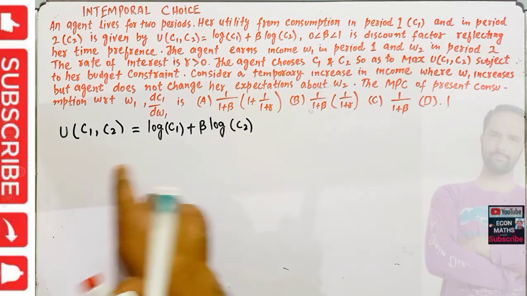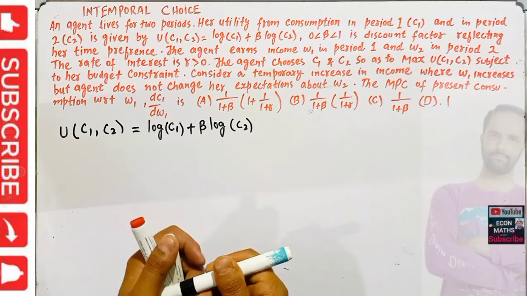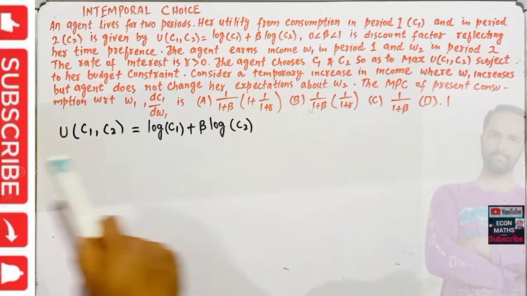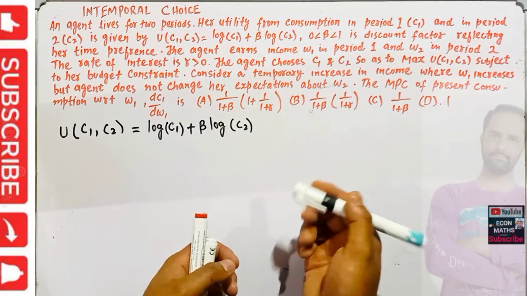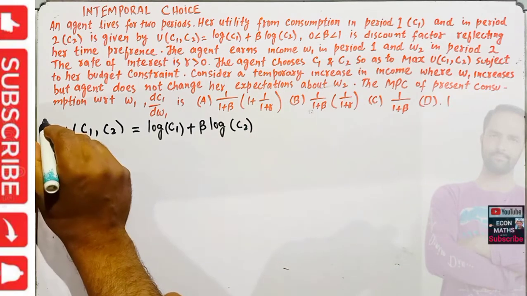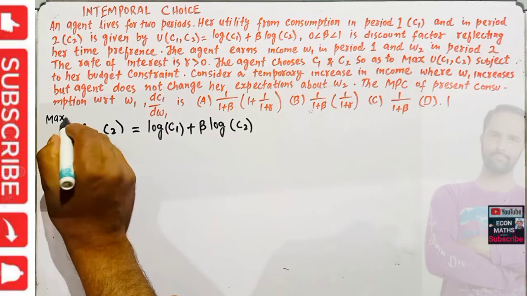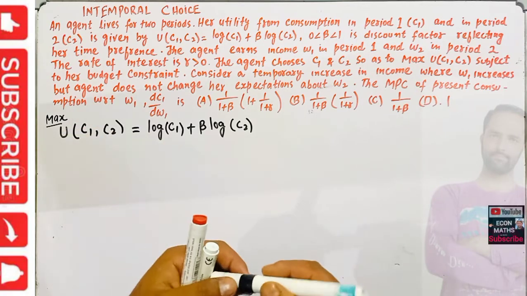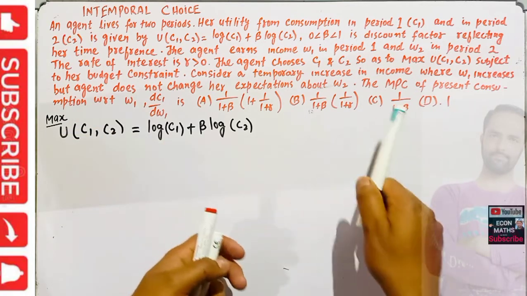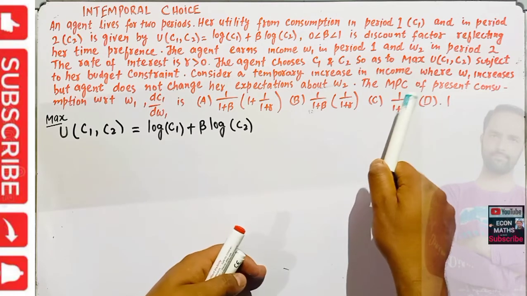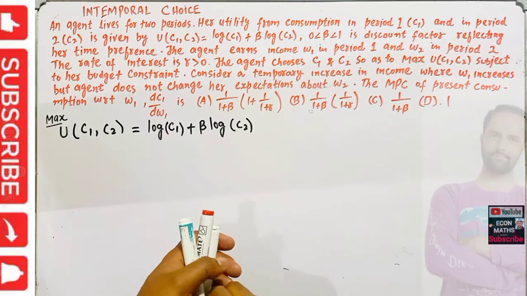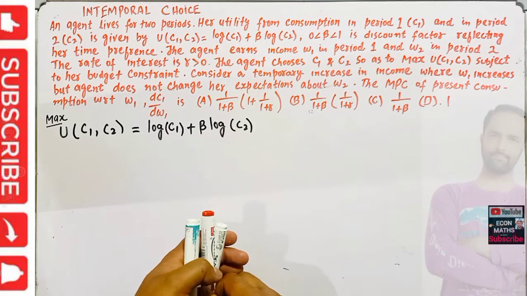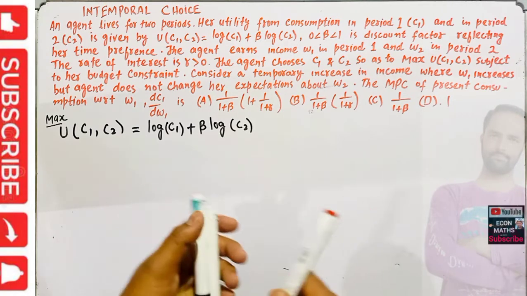We are told to maximize this utility function subject to the budget constraint, and we have to find the marginal propensity to consume of present consumption with respect to income in period 1. So this is our utility function.